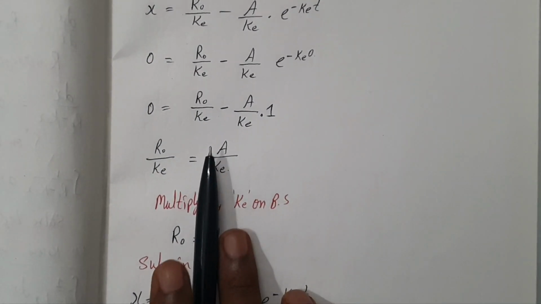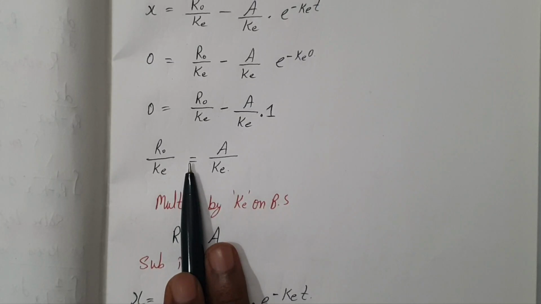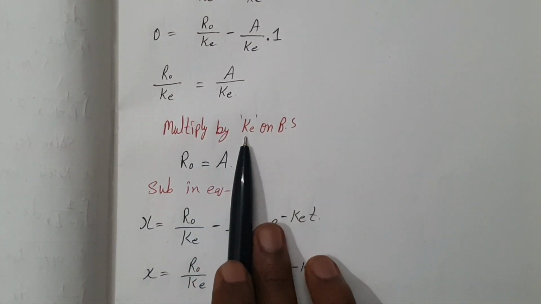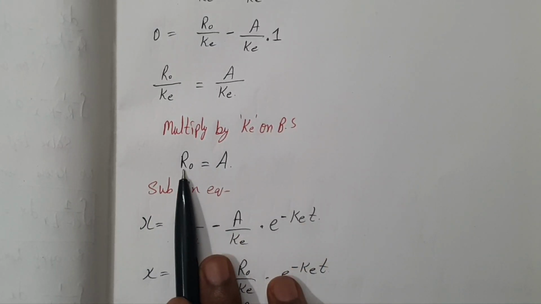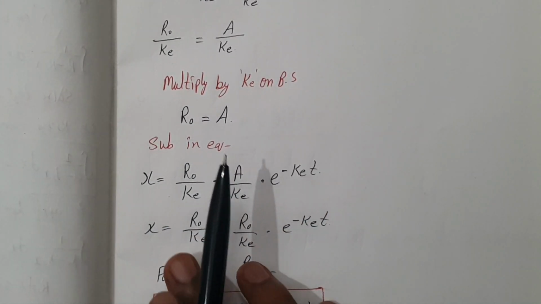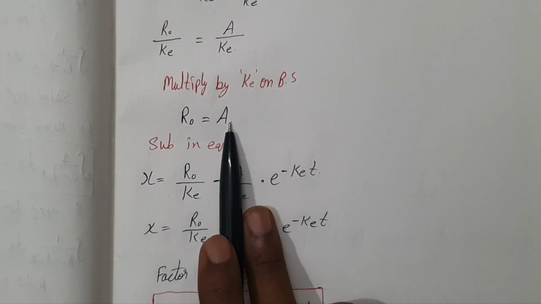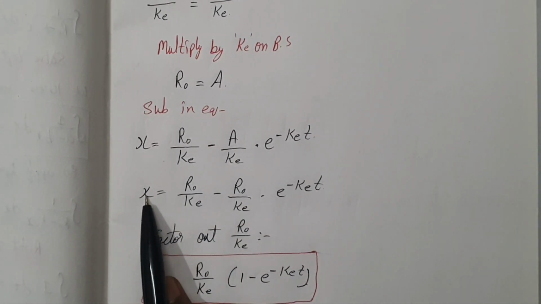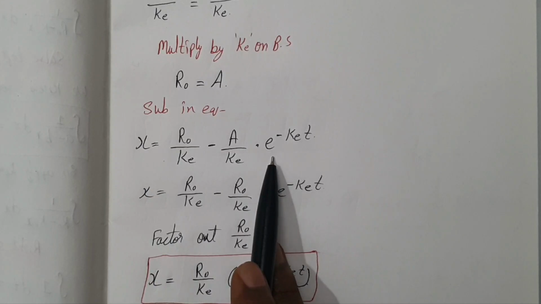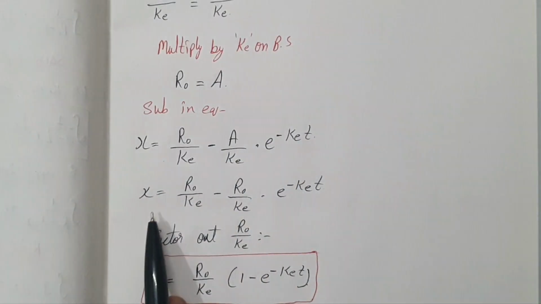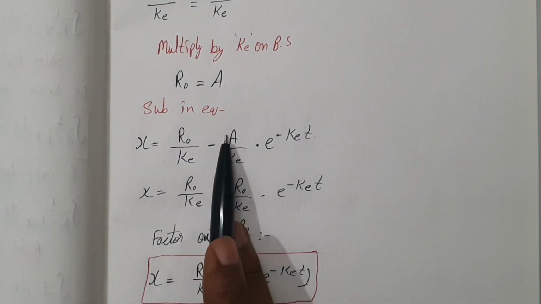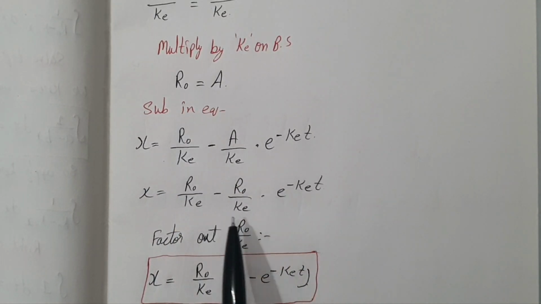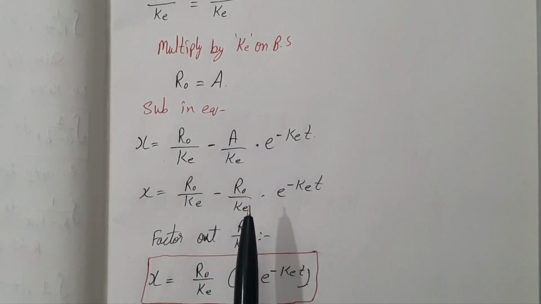So we are left with R naught divided by Ke equals A divided by Ke. Multiplying by Ke on both sides, we get R naught equals A. Substituting A equals R naught into the above equation, in place of A we can write R naught as we confirmed here. So our equation becomes this.